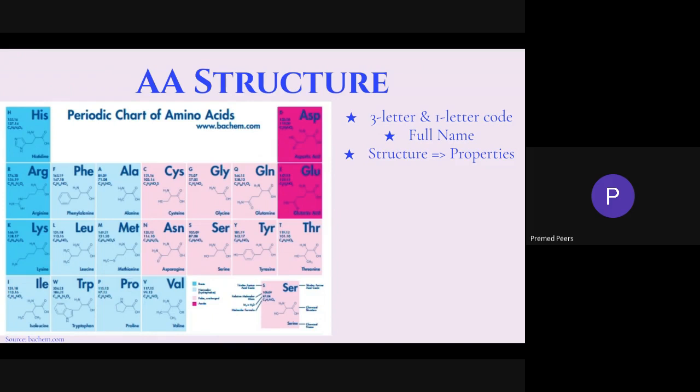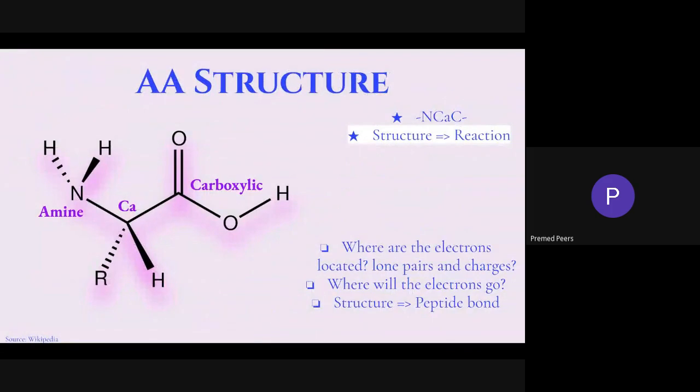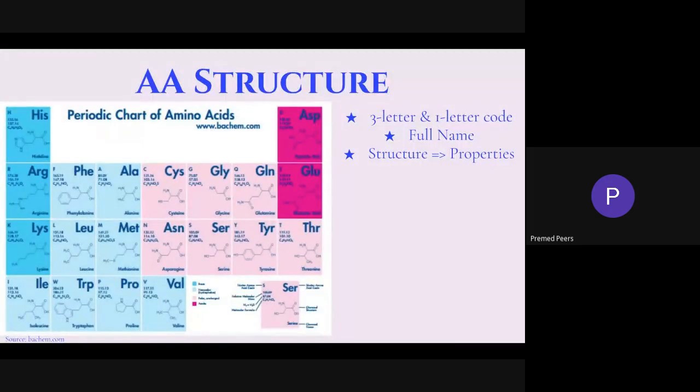And remember, as mentioned, structure relates to function and structure relates to reaction. Basically, structure is the way you can infer some of the properties, how you assign them into specific groups, whether they are polar, non-polar, acidic or basic.